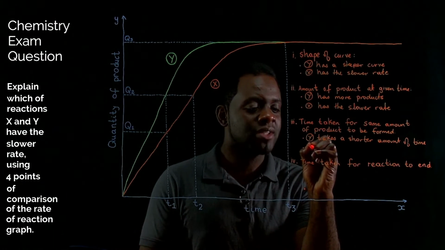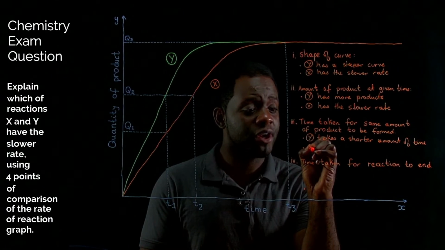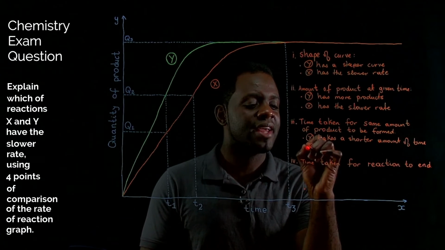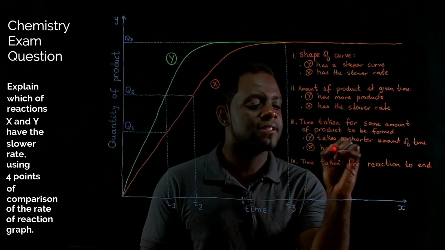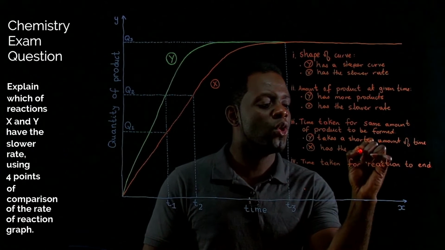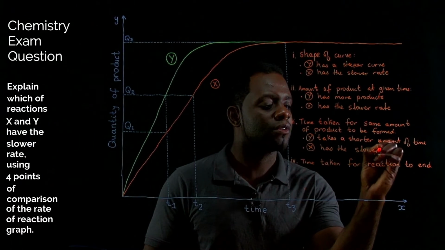Therefore, once again, we have the third supporting point that X has the slower rate.